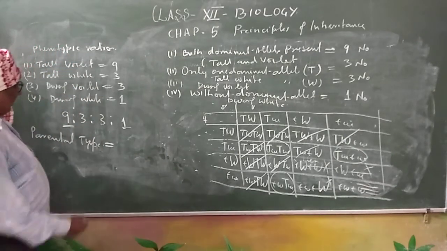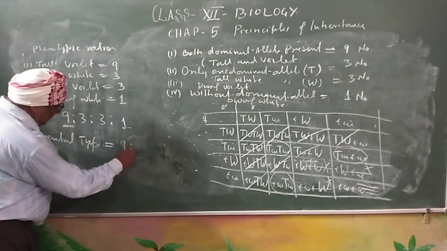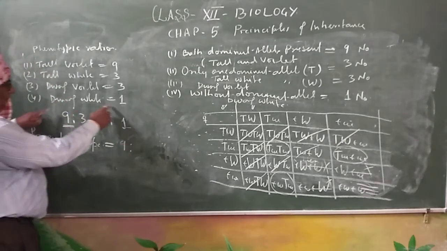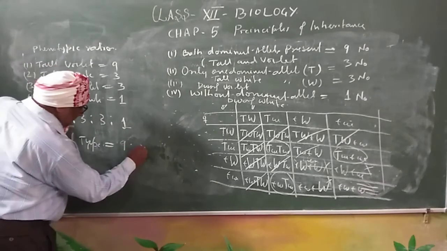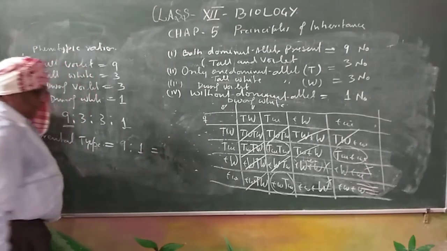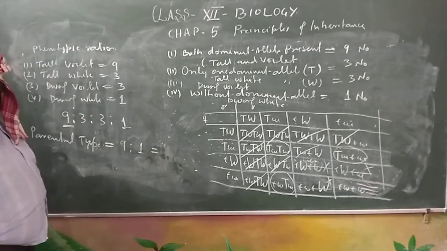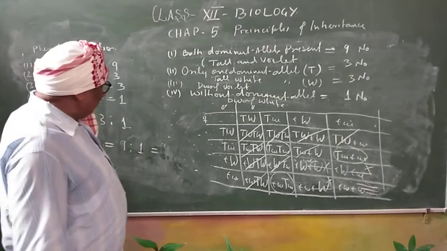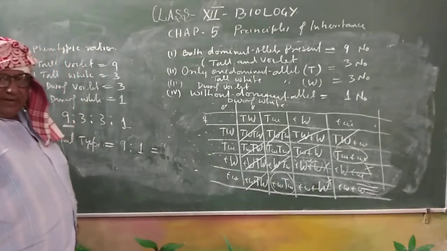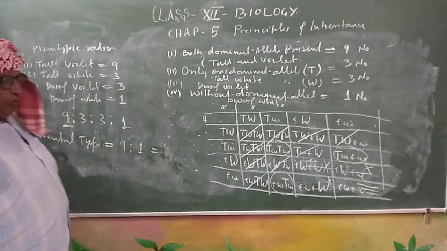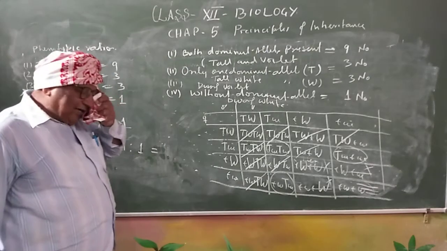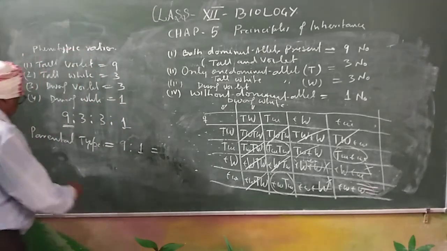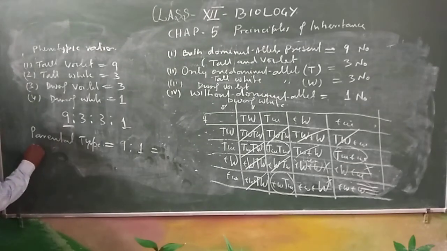They are tall violet, means 9, and dwarf white for the female parents, ratio 1. They represent parental type. Parental type cannot be said to express the independent assortment.